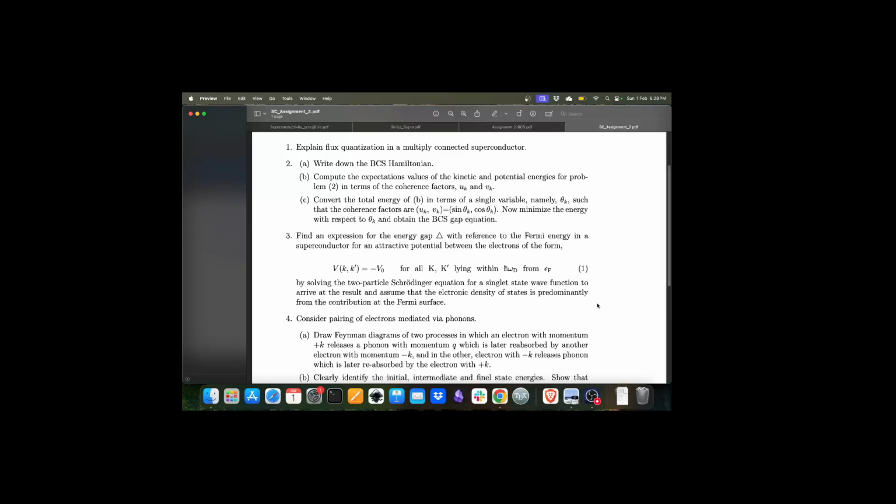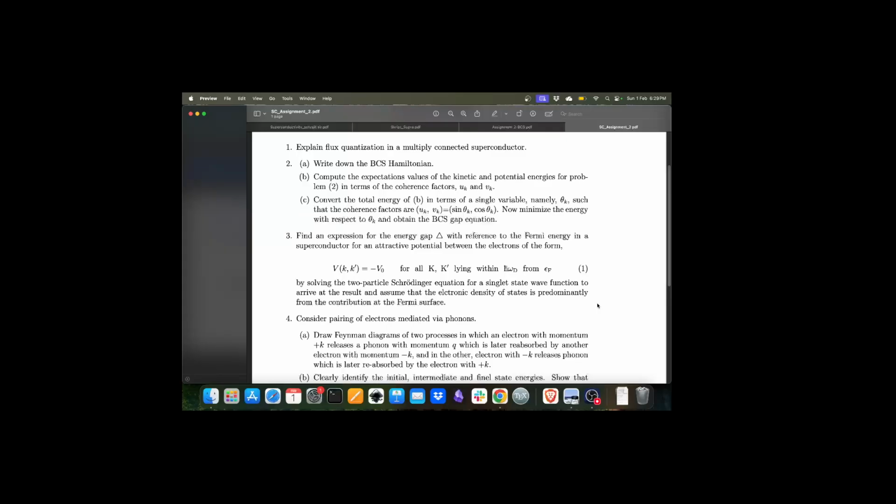and this needs to be done by solving the two particle Schrodinger equation. Okay, and then there are other details for a singlet state wave function. Singlet state means you will consider one up electron and another down electron.